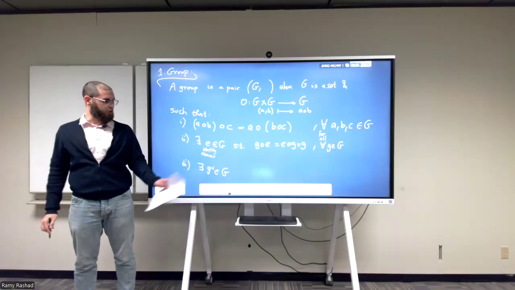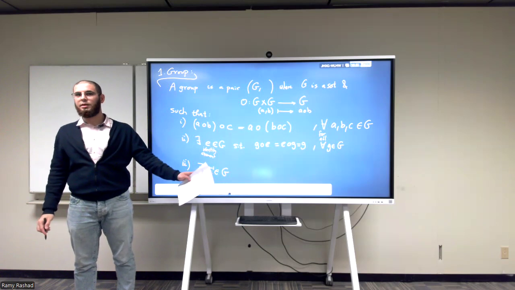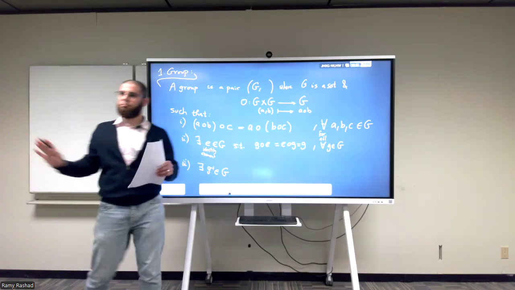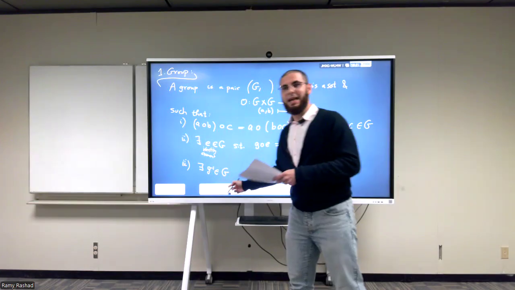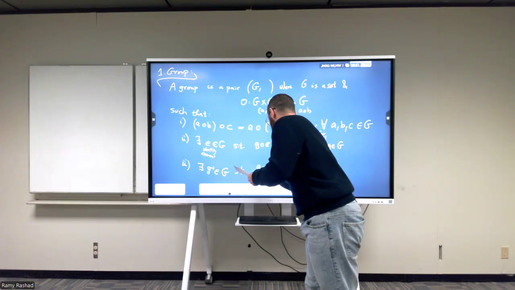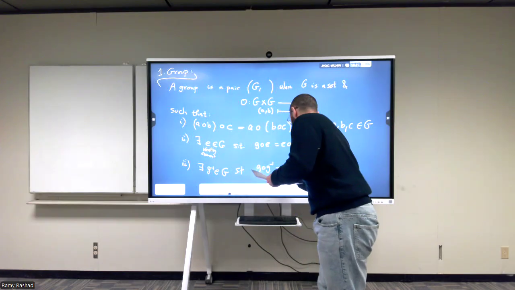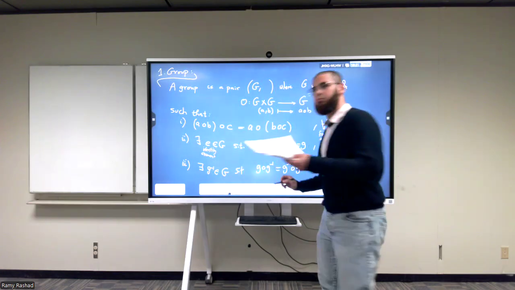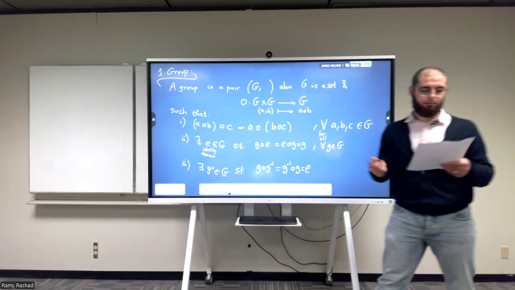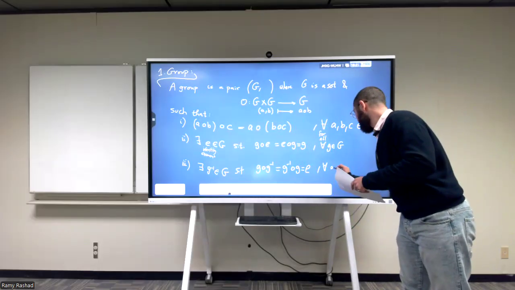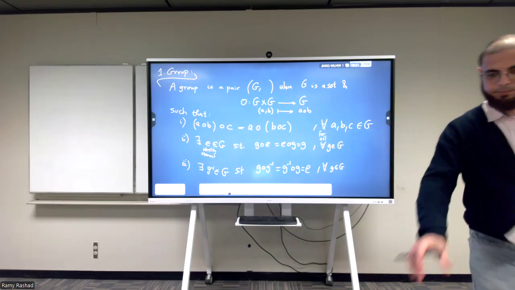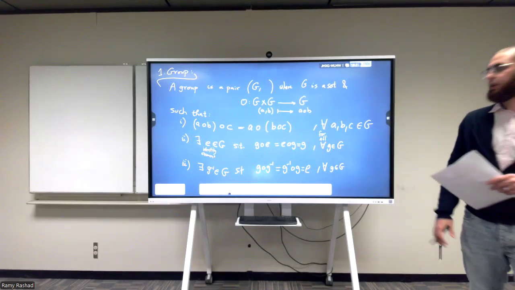G is not a map. G is an element in G, and G inverse is another element in G. There exists this element such that when I circ G and G inverse, or G inverse and G, I get the identity element for all G in G. Clear definitions?